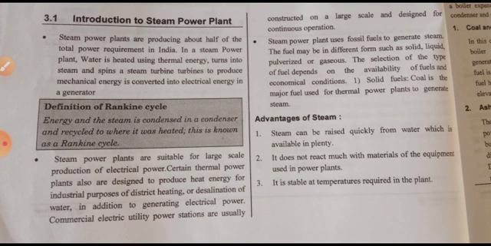We give the heat energy released by coal to the water, and the water absorbs the energy, raises its temperature, converts into steam, and then expands on the turbine, which rotates the generator and gives us another form of energy, that is electricity.